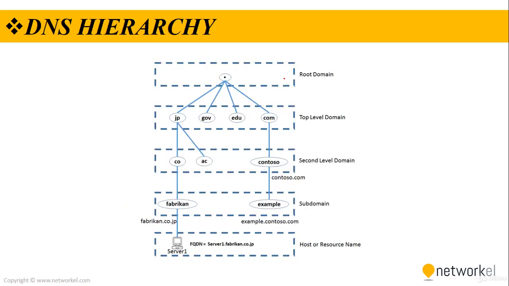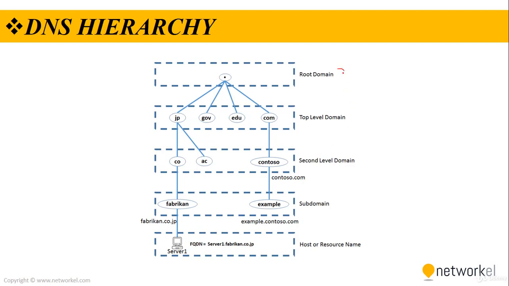DNS uses a hierarchy to manage its distributed database system. The DNS hierarchy, also called the domain namespace, is an inverted tree structure much like a directory. The DNS tree has a single domain at the top of the structure called the root domain.